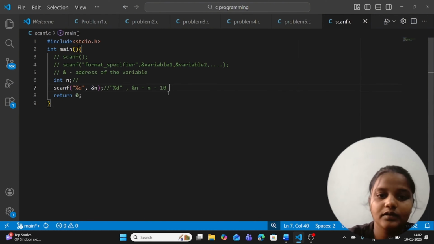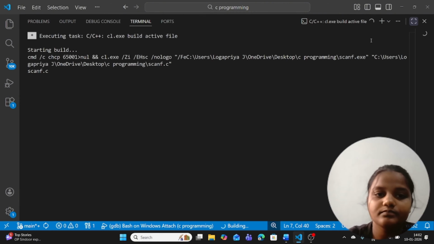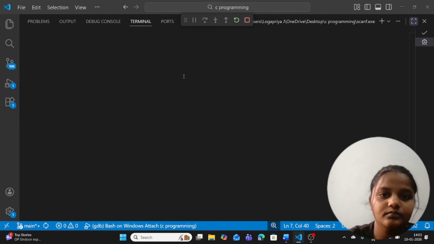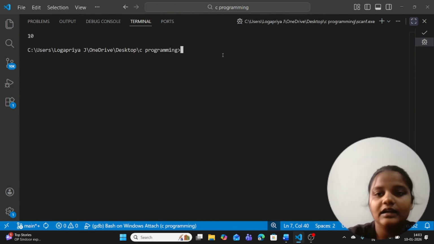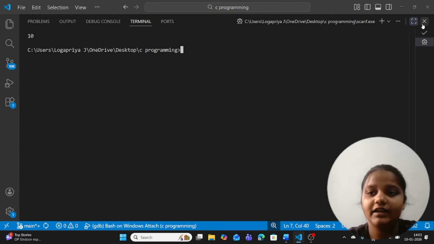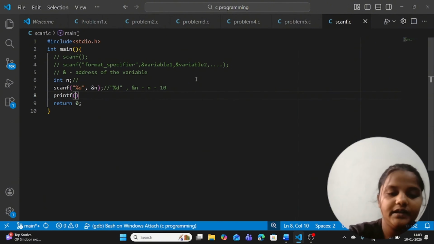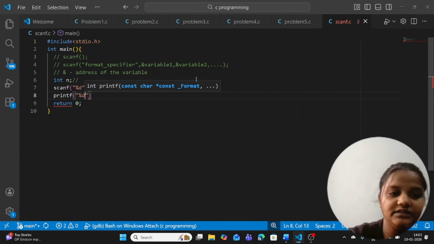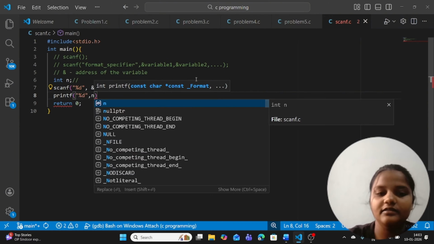Now let me run and see. Here it is asking for input. If I give 10, 10 will be stored in n. Let me print it and see. In printf, what is the format specifier for int? %d, comma, and which variable are we going to print? n, right?